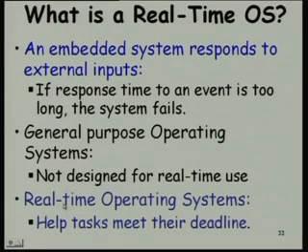So, we will have these real time operating systems whose primary aim would be to help tasks meet the deadlines. How they will meet the deadlines, how deadlines are specified, all those details we will look at later, but just to tell in one sentence, the task deadlines are met through proper task scheduling, and therefore, in this real time operating system area, task scheduling is one of the most important tasks.